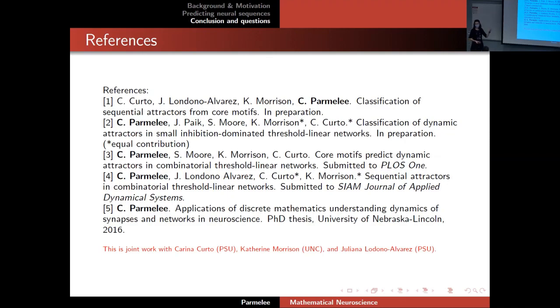Yeah, so Katie and Karina came up with the combinatorial threshold-linear network. Threshold-linear networks existed, but focusing only on this weight if it's an edge and this weight if it's not an edge, and studying just that, they were the first ones to do it. As of right now, we're the only ones doing it, so we get to name stuff, which is really cool.